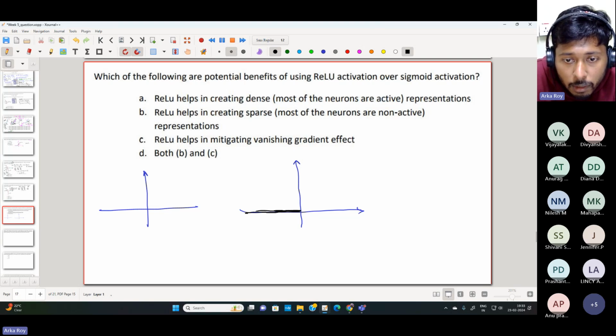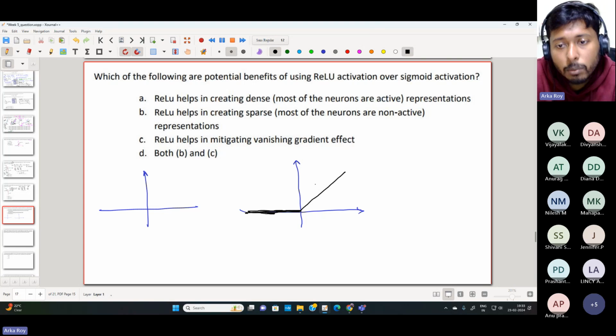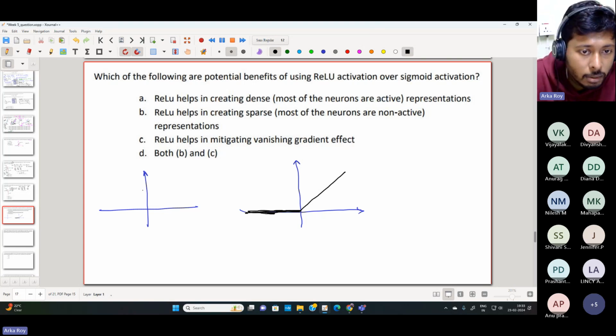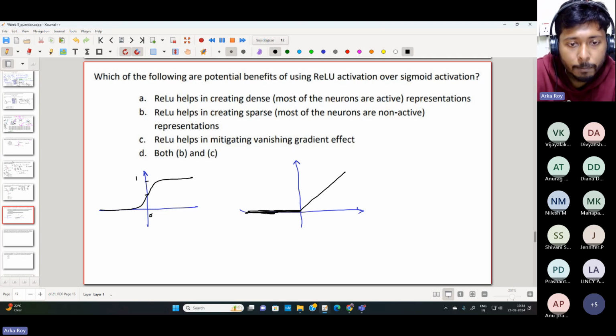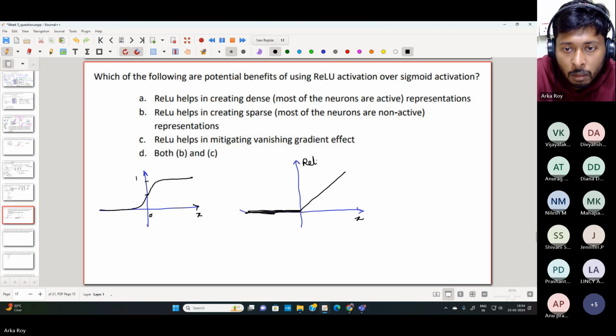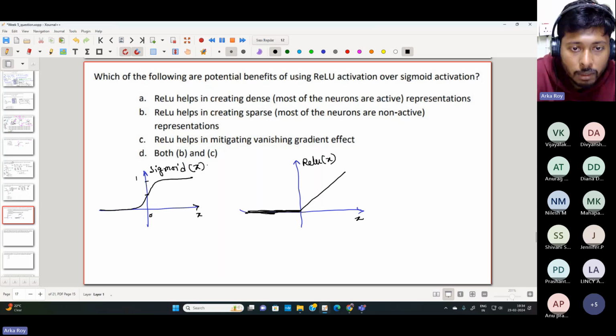For negative x, it will be clipped to 0, and for positive x, it will be y equal to x. And in case of the sigmoid function, it will look like this, going from 0 to 1. This is ReLU of x, and this is sigmoid of x.